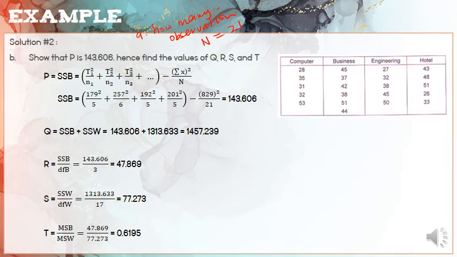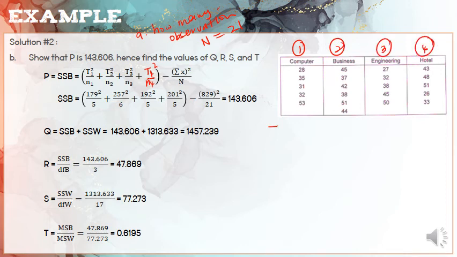Okay, so for question B, it asks us to find P, Q, R, S and T. So, P from the earlier question is actually your SSB. So, this is the formula for SSB. T1 squared over N1 plus T2 squared over N2, and since we have 4 groups, up to T4 squared over N4, minus summation of X squared over N. So, where does it get T1? Okay, this is the first, second, third, fourth group.